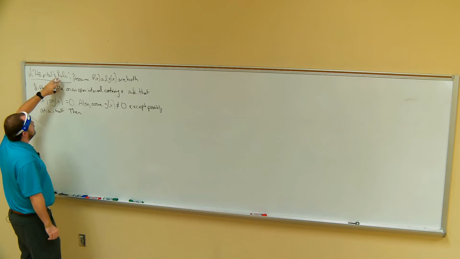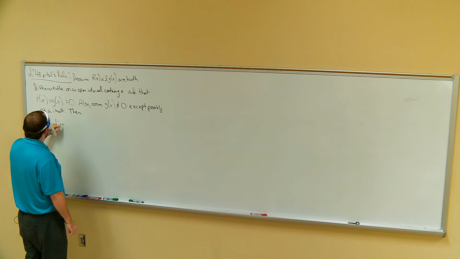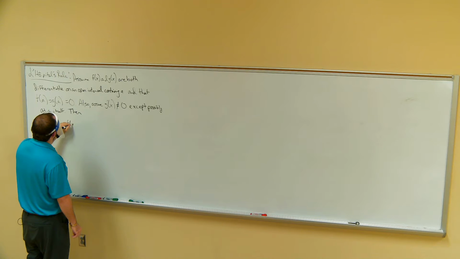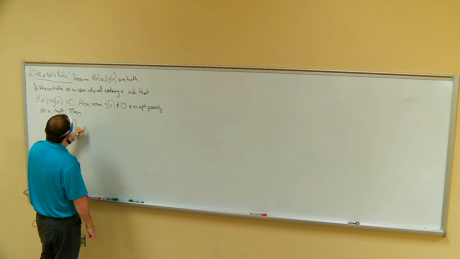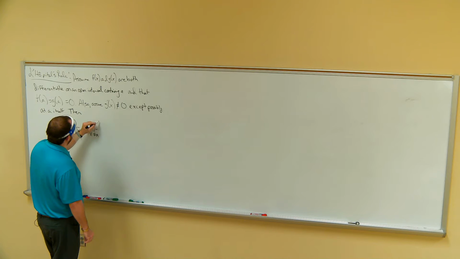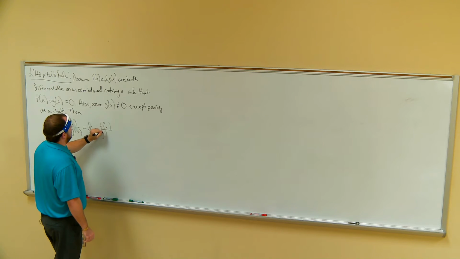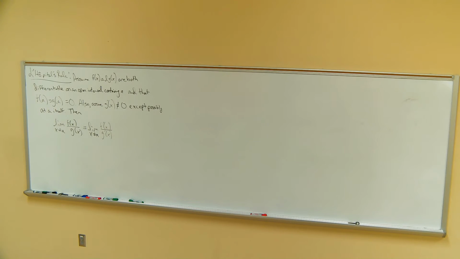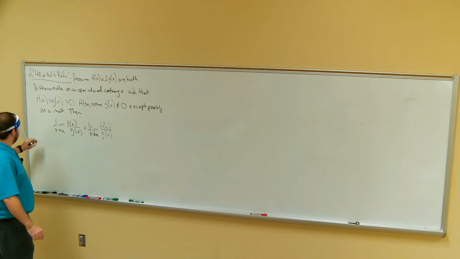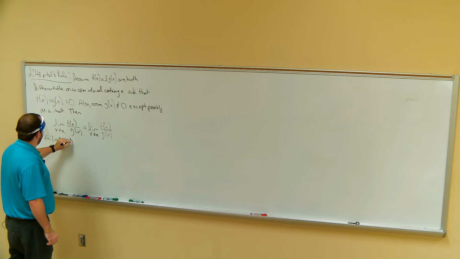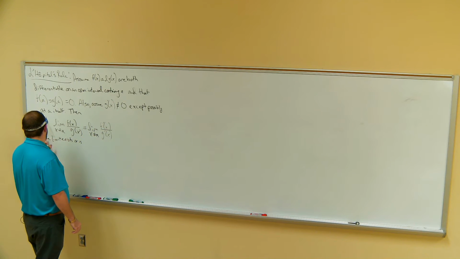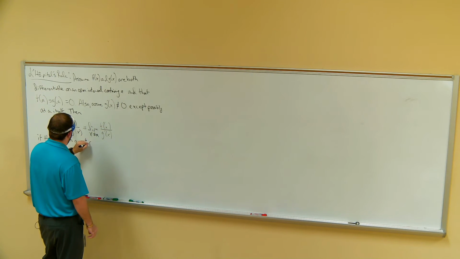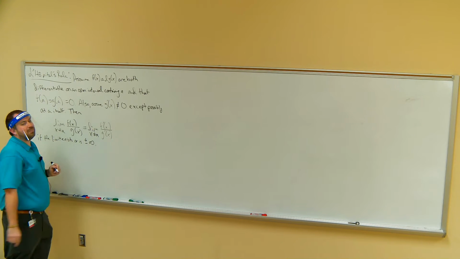If you meet these criteria, then the limit as x approaches a of f of x over g of x is equal to the limit as x approaches a of f prime of x over g prime of x, if this limit exists, or if this limit is infinite, plus or negative infinity.